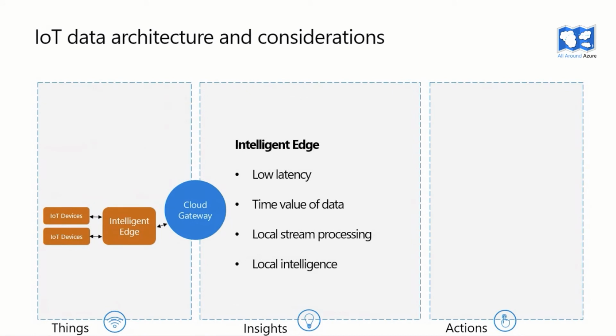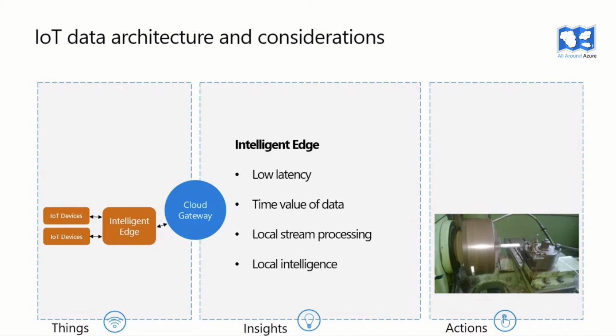Another thing to concentrate on in the Things area are intelligent edge devices. So we should look at why we'd include those in a solution like this. One of the main reasons perhaps would be if we need some form of low latency response to events. I mentioned the lathe before, and this is a really good example. This thing is spinning at thousands of revolutions a minute.